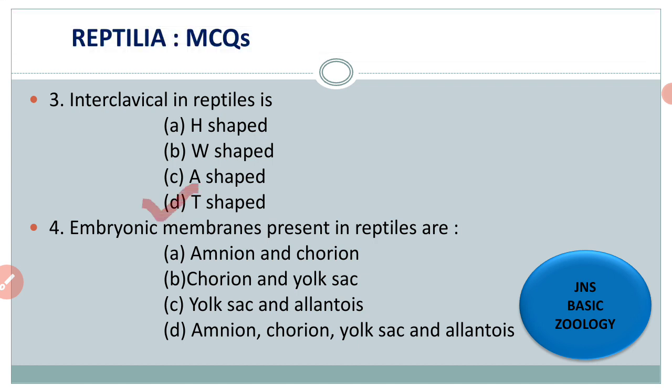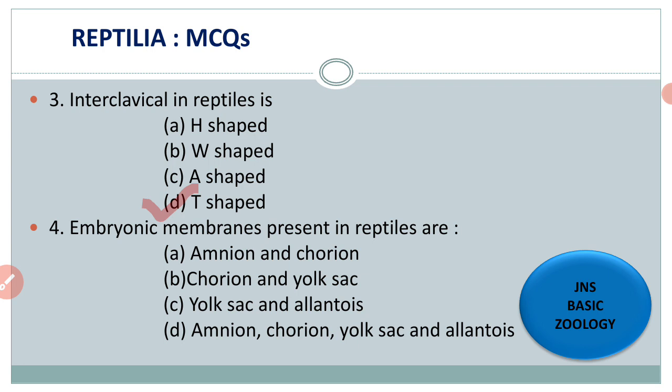Next one, embryonic membranes present in reptiles. A. amnion and chorion, B. chorion and yolk sac, C. yolk sac and allantois, and D. amnion, chorion, yolk sac and allantois. Embryonic membranes are the membranes formed around the embryo at the time of development, also called extraembryonic membranes.